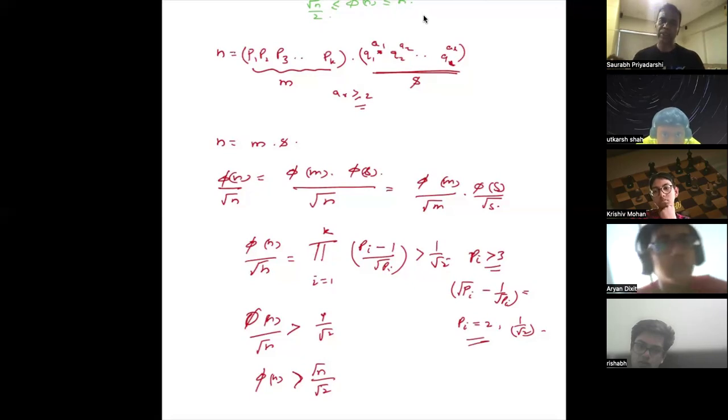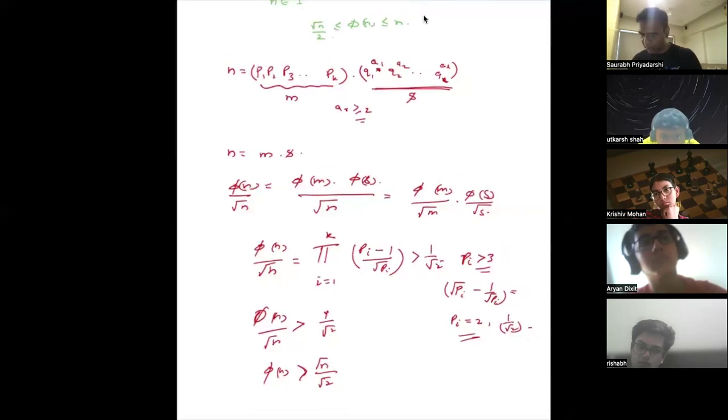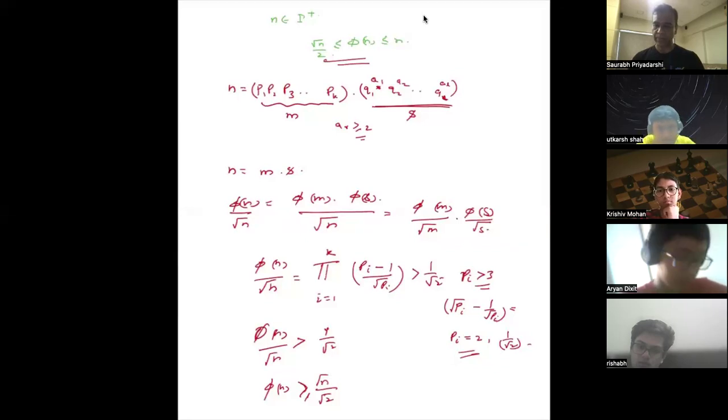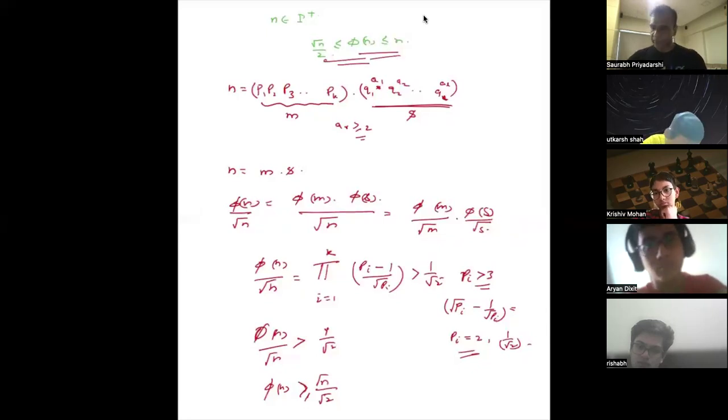So for 2, this gives the value 1 by root 2, and for other values this will always be greater than that value. So the first part I had to prove, phi n greater than root n by 2, or for one value of 2 this will be equal to, so I can say this is greater than or equal to root n by root 2. And it's obvious that this is less than or equal to n. So this was question number 7.